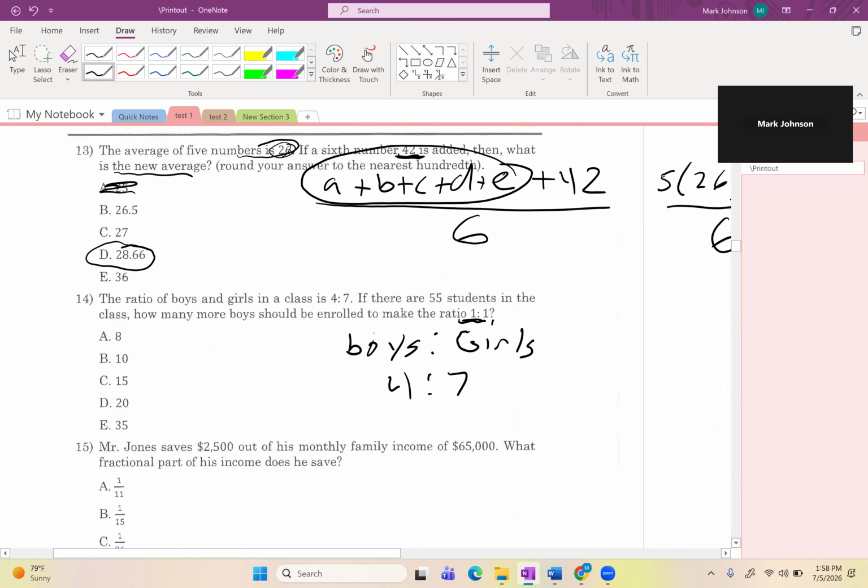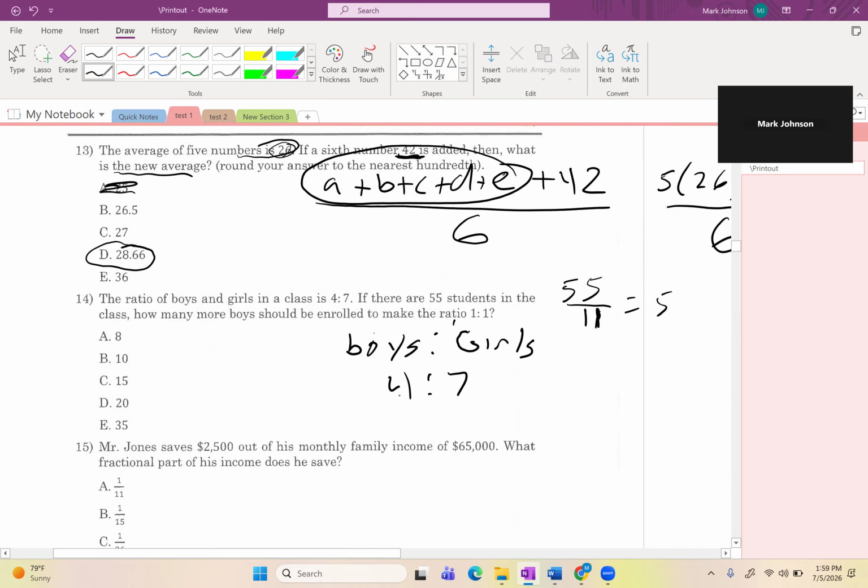So, 55 estudiantes en la clase. Entonces, el horario es 4 a 7, entonces si sumamos 4 más 7 son 11. Dividimos 55 por 11 y sacamos 5.